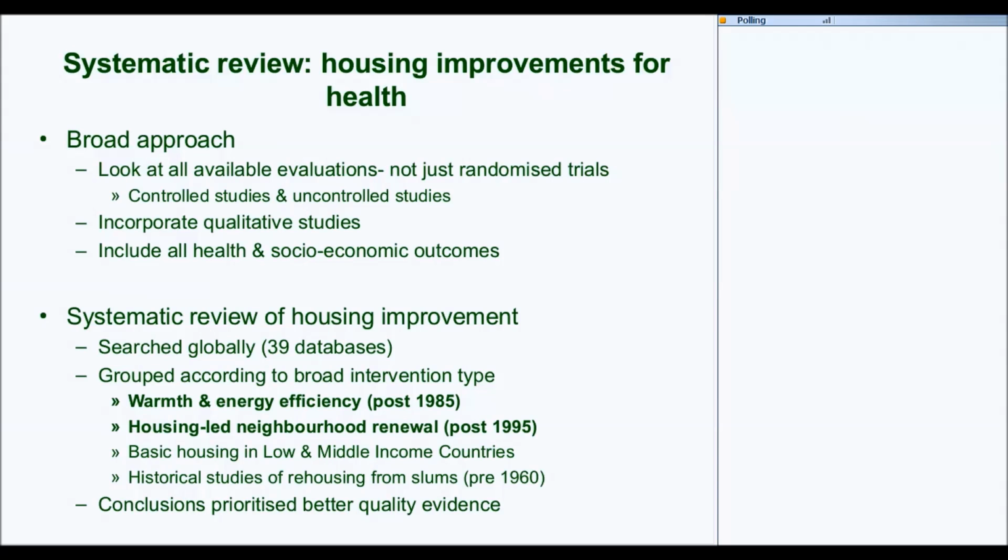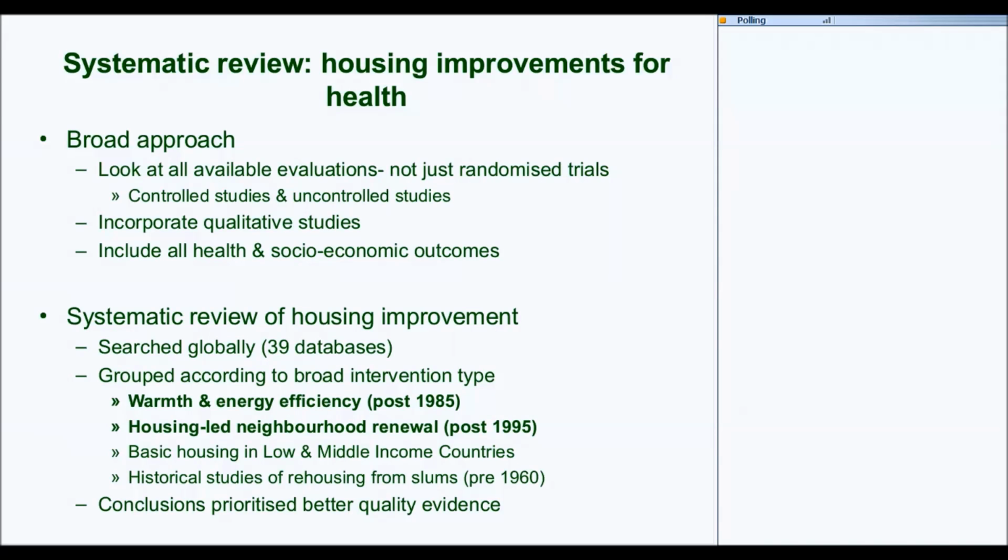And then there was a small group of studies from low and middle income countries on provision of very basic housing improvements. And then some very old studies from pre-1960, which again were providing fairly basic housing requirements. And then when we synthesised the evidence, we drew the conclusions prioritising the better quality evidence.